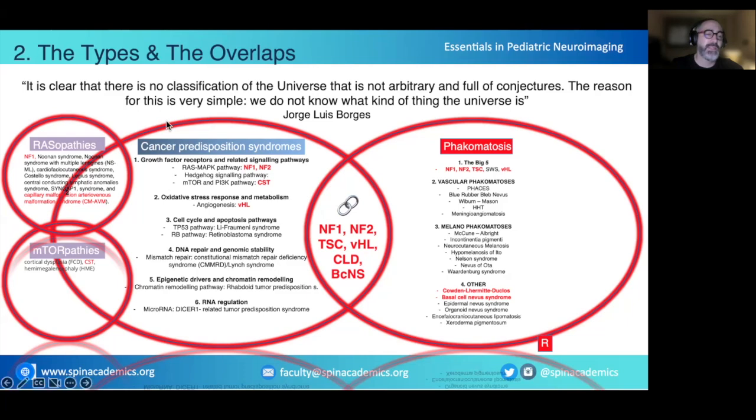You will find here NF1 and tuberous sclerosis complex, for example, in different classifications. So at the end, there's a mix of groups that share some characteristics. Because phacomatosis are complex syndromes, now you will also find these entities in other classifications, especially cancer predisposition or those using the molecular pathways.